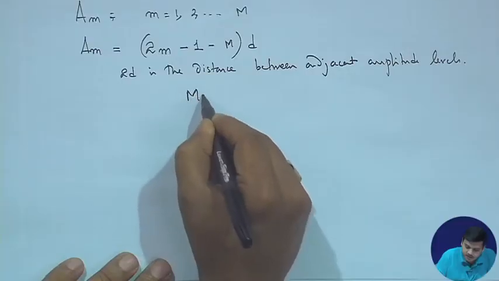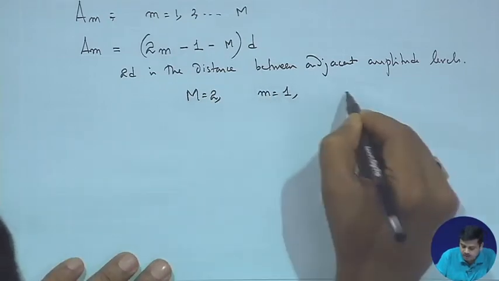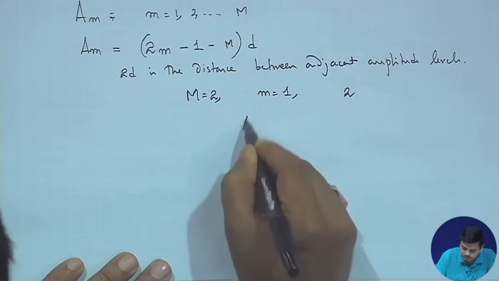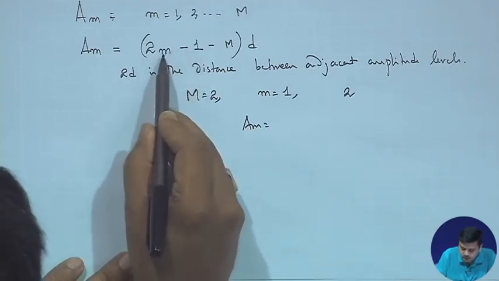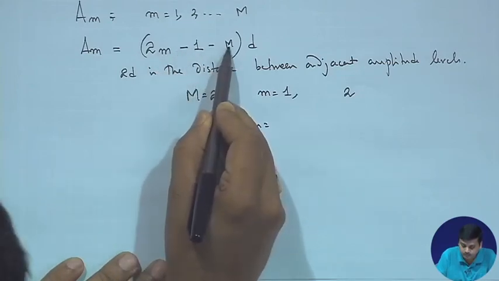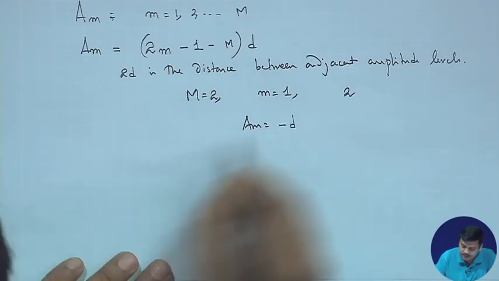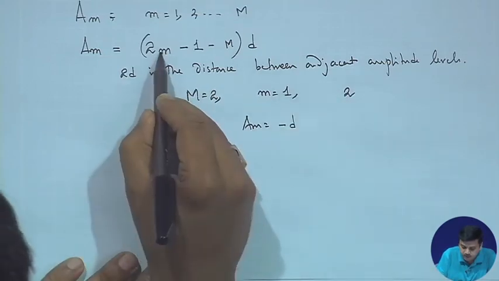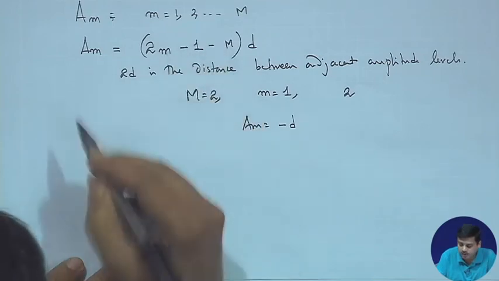So, for example, I have M equal to 2. Your small m can take a value of 1 and 2, and AM would be 2 minus 1, that is 1, minus 2, that is minus 1. So, that is minus d, and when m equals 2, it is 4 minus 1, that is 3, minus 2, it is 1, it is d.